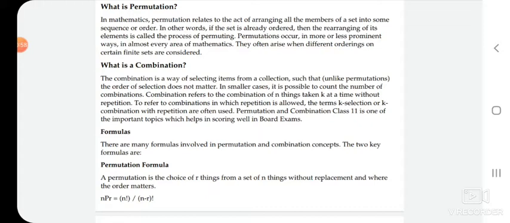When we select the data or the objects from a certain group, it is said to be permutation, whereas the order in which they are represented is called combinations. Both concepts are very important in mathematics. As we know, these permutations and combinations are terms which come from mathematics.